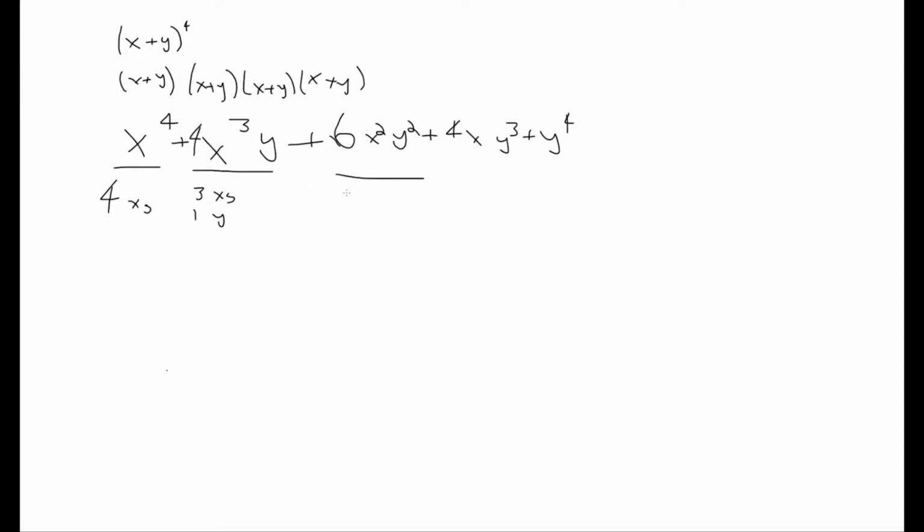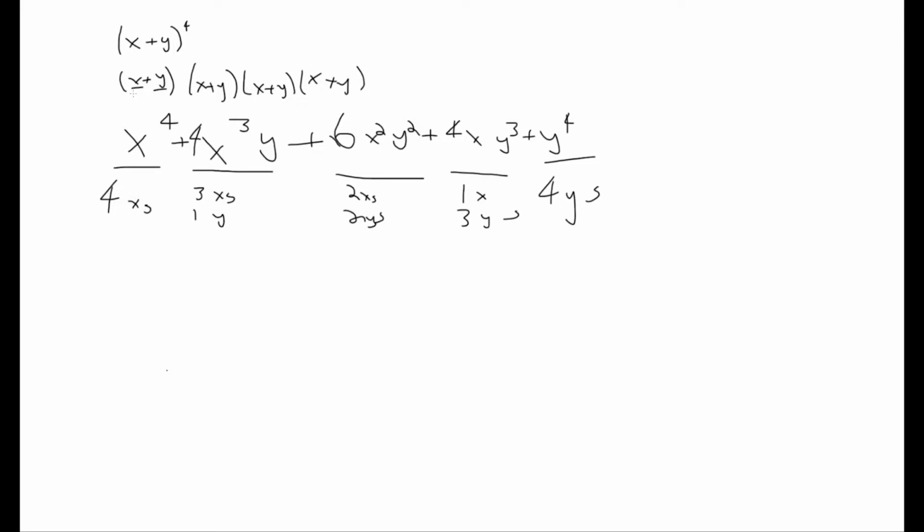This over here is a combination of 2 x's and 2 y's. This is a combination of 1 x and 3 y's. This is a combination of 4 y's. So based on which x's or y's are picked from each factor (x + y), that will affect which terms are produced.